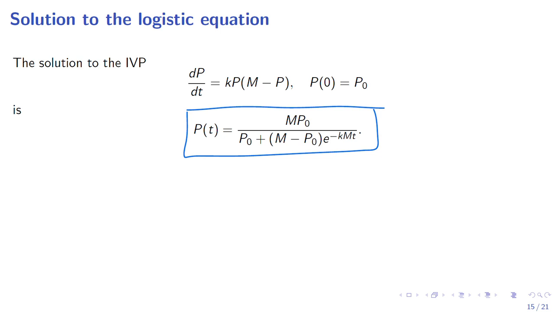If you can identify that the given ODE is a logistic equation, then this is its solution. So you can just remember it, or you can just use it. So if we know k, m and p naught, we know p of t.